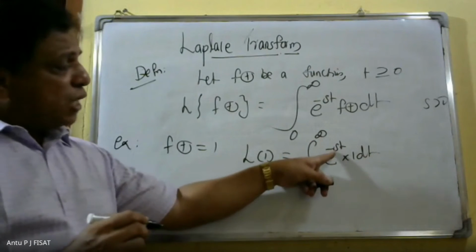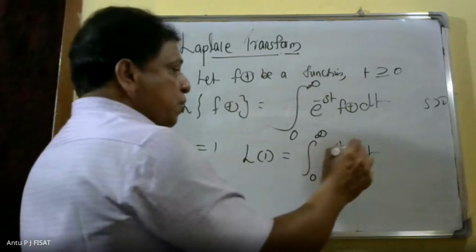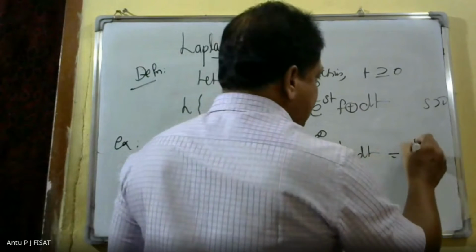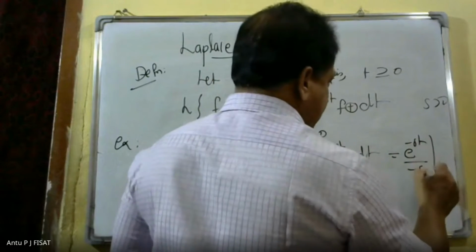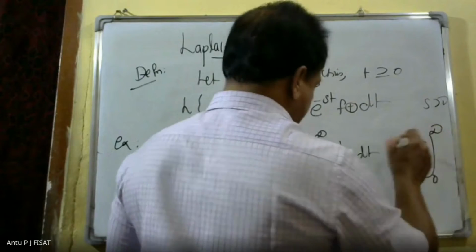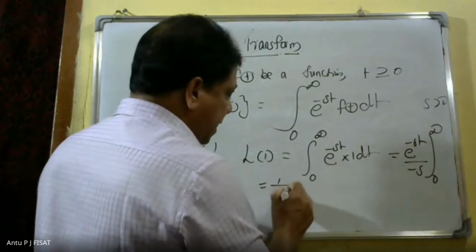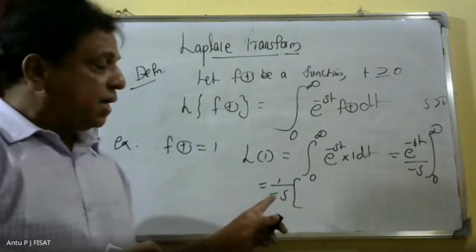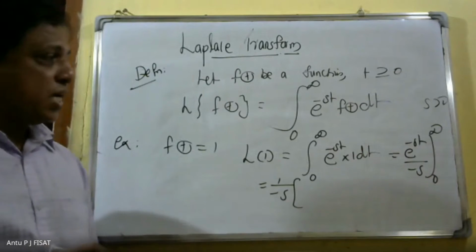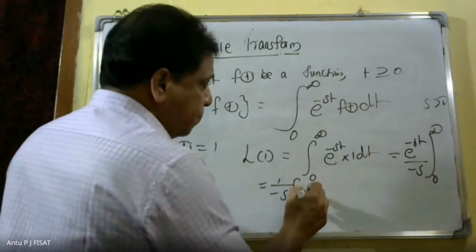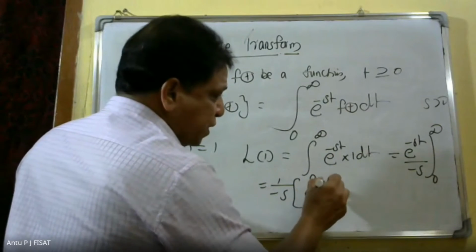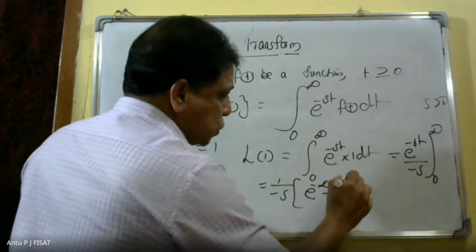When we integrate e raised to minus st with respect to t, we get e raised to minus st by minus s, from 0 to infinity. We can take 1 by minus s outside. Then our result will be e raised to minus infinity minus e raised to 0.